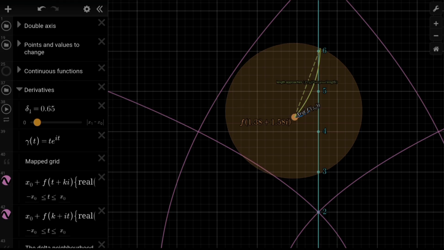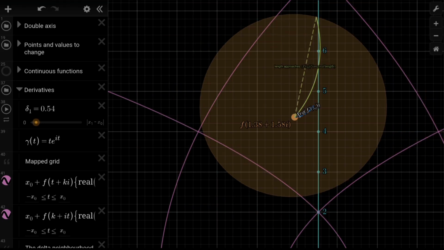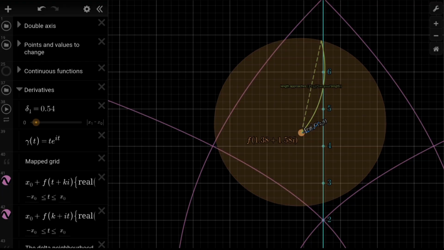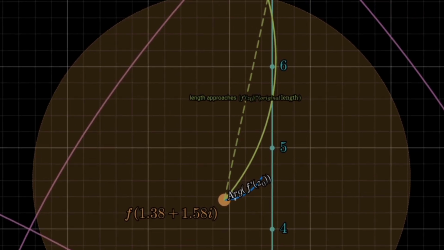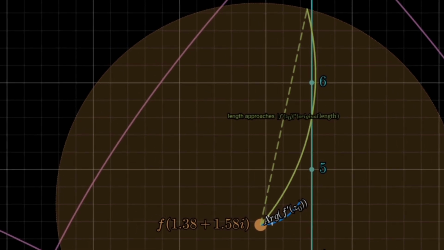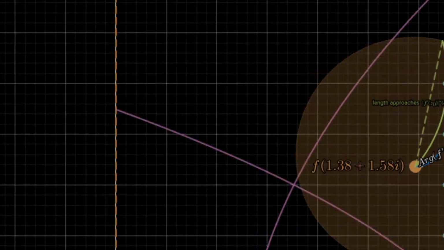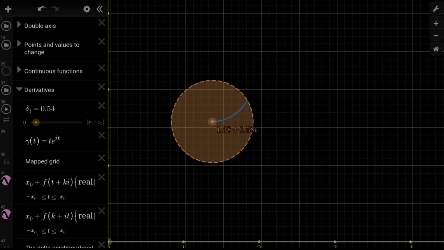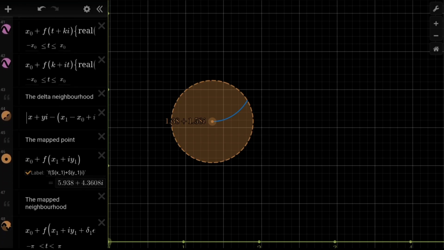Okay, and also I have the visualization for the linear stretching factor. We can see the green curve here, and the length from the starting point to the end point. And it will approach the absolute value of our derivative at that point, multiplied by the original distance from the starting point to the end point of the blue curve.